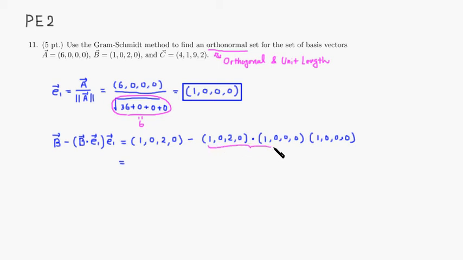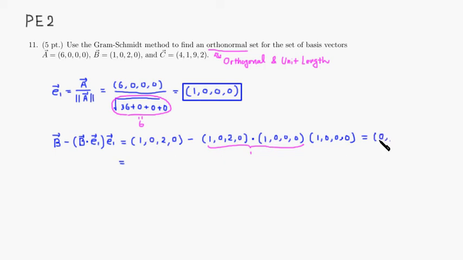So we have 1, 0, 2, 0 minus 1 times 1, 0, 0, 0. So it's 1 minus 1, which is 0.